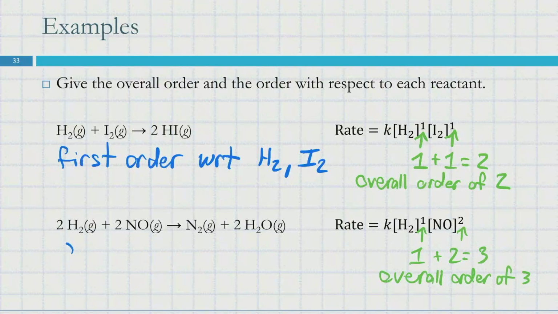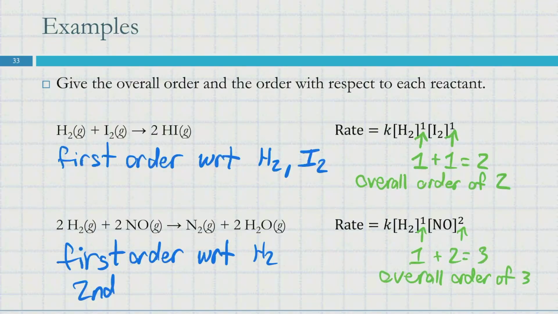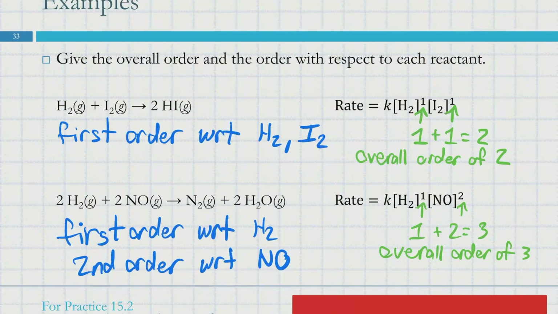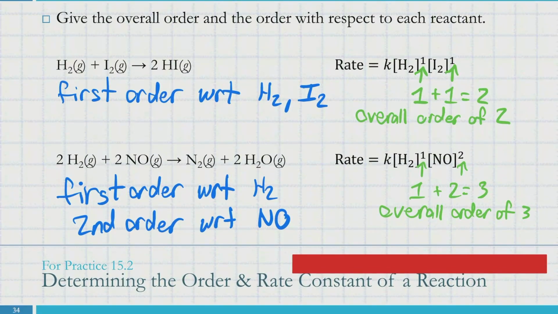The second one is first order with respect to H2, second order with respect to NO. Easy to read off. The harder part would be coming up with the individual order of the reactions. But we have the tools to do that. It's pretty similar to what we've done before, and we've got an example for that.